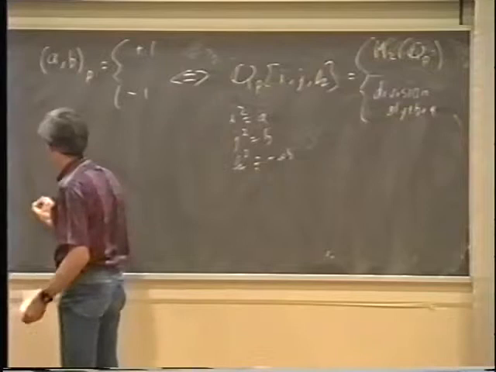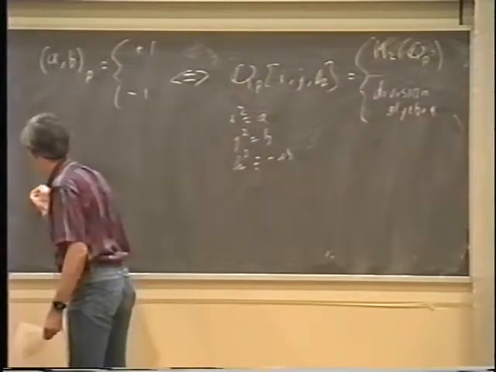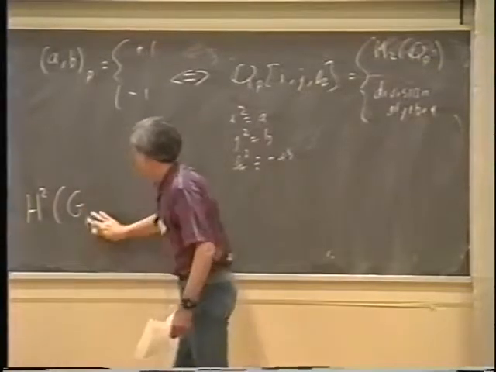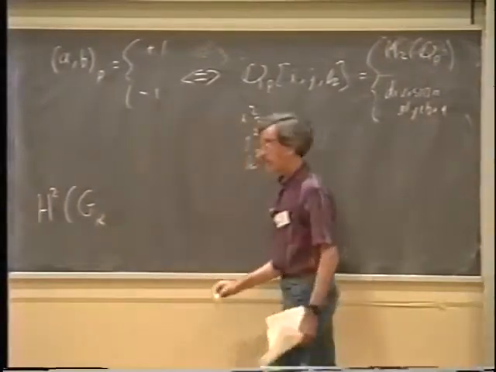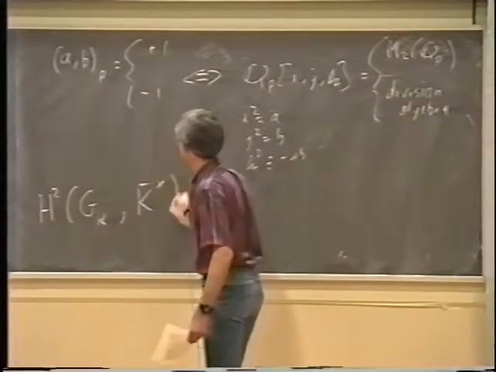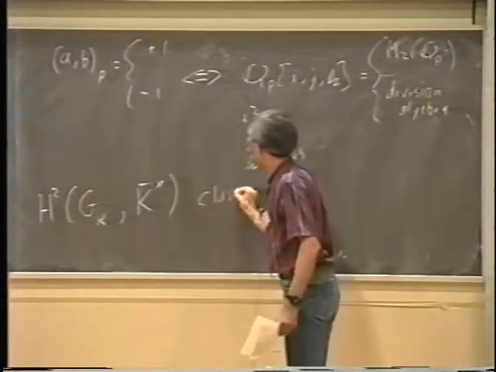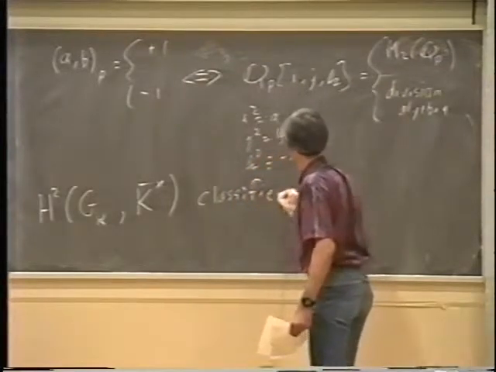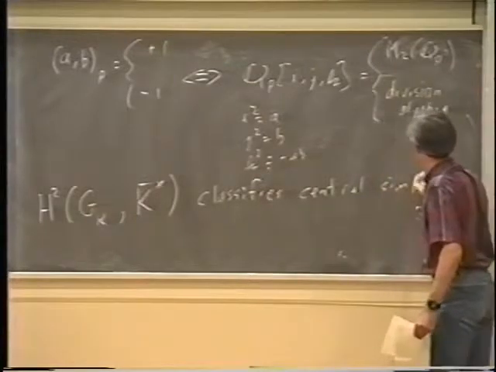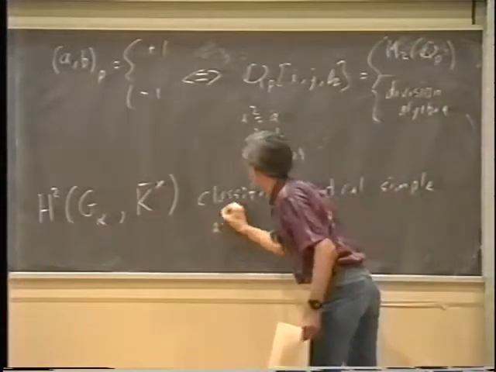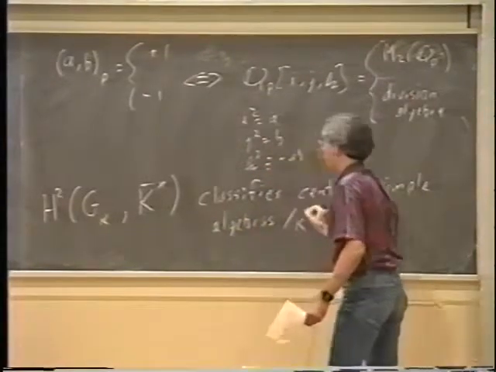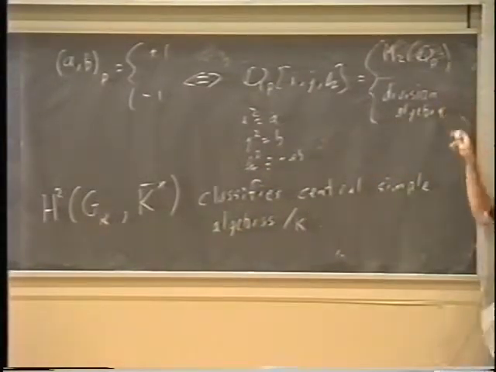So more generally, if you look at H2 with the group being G_K, the Galois group of a field K, and take coefficients in K bar cross, this classifies central simple algebras over K, of which these are two examples.